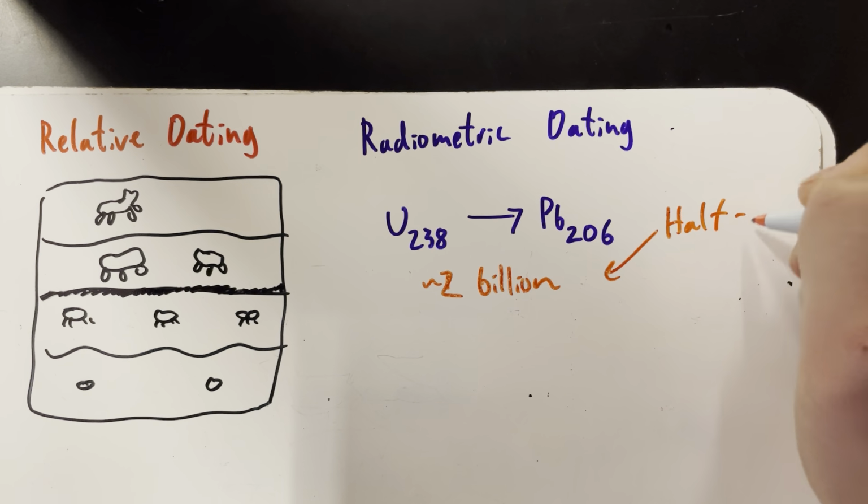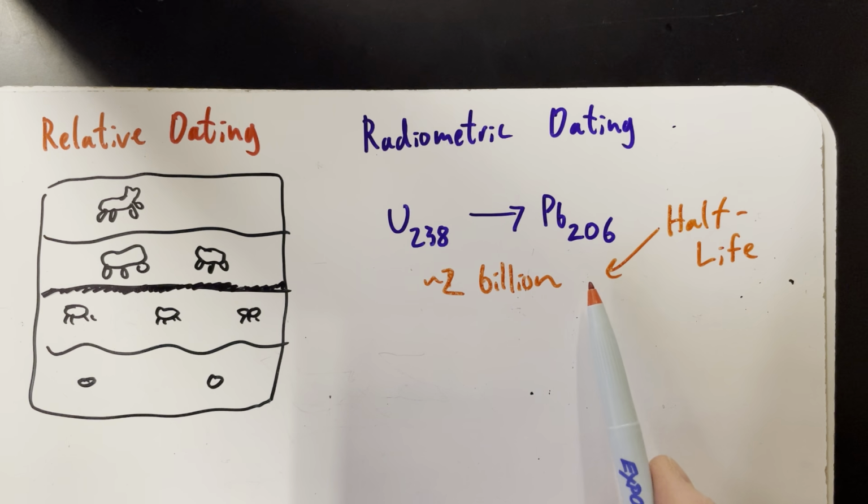It's not like, bam, 2 billion years are up and all of a sudden it just turns. What it means is, after 2 billion years, half of the uranium-238 isotopes out there will have turned into lead. Then 2 billion years later, half of those will have turned into lead, and again 2 billion years later. So uranium is a good isotope to use when you're trying to calculate the age of the Earth.